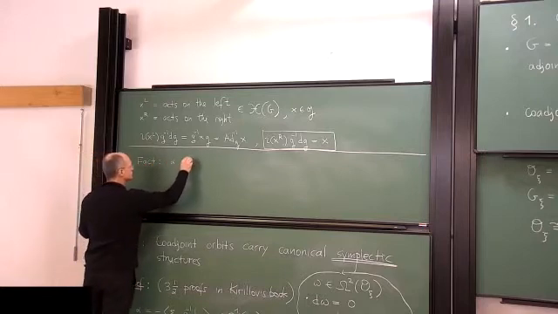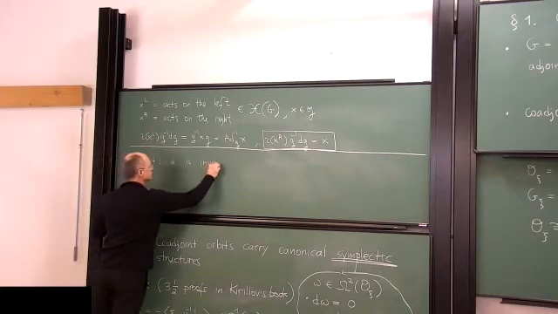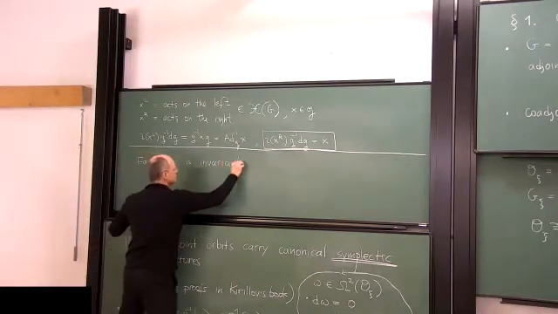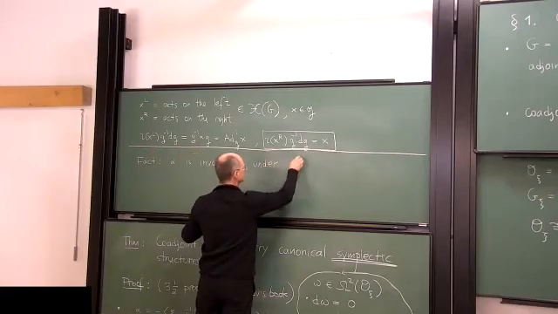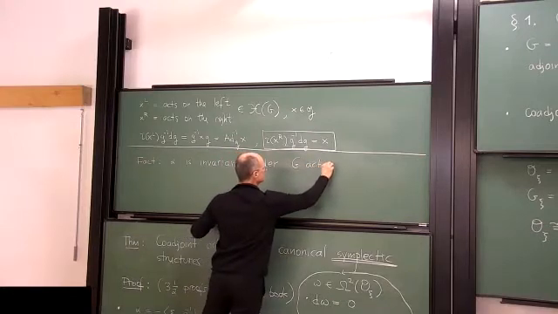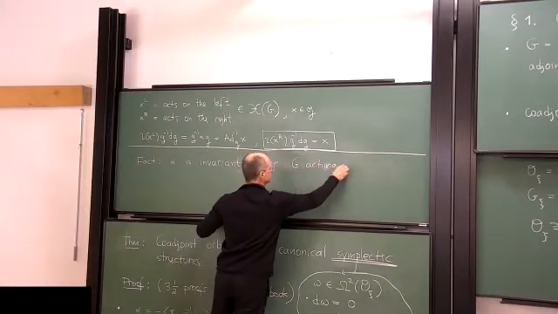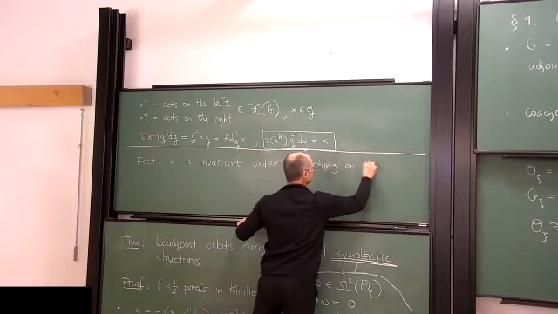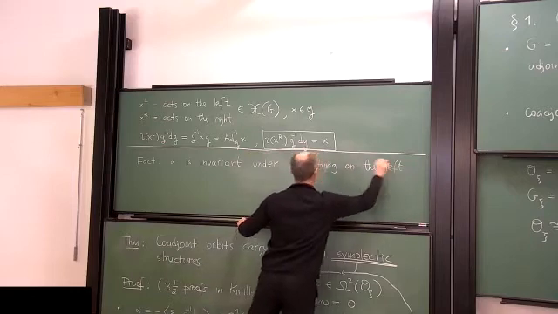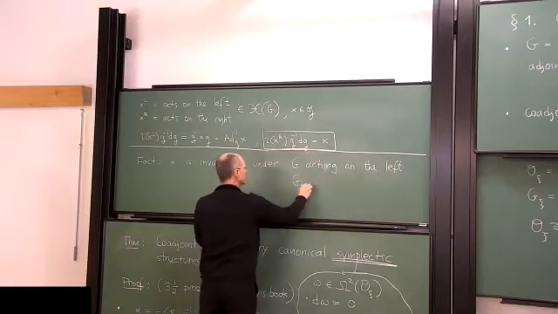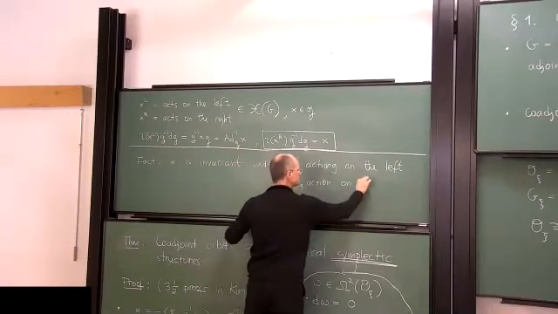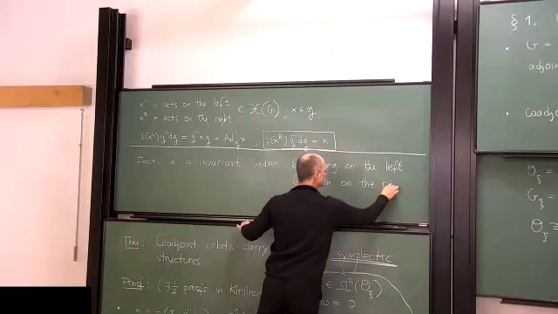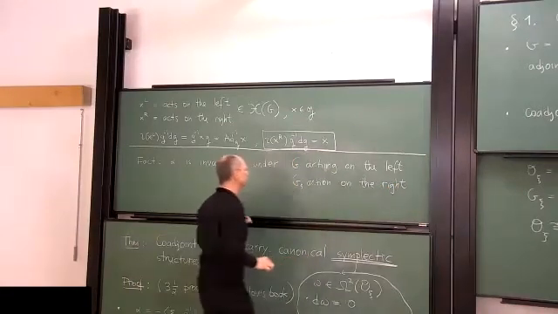Alpha is invariant under G acting on the left and G psi acting on the right.